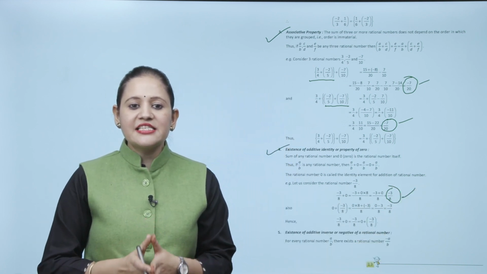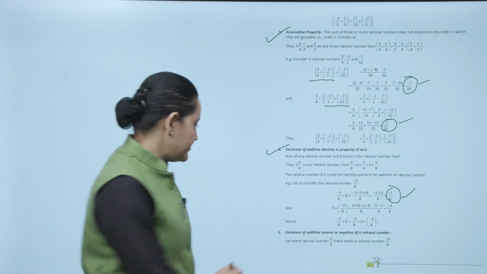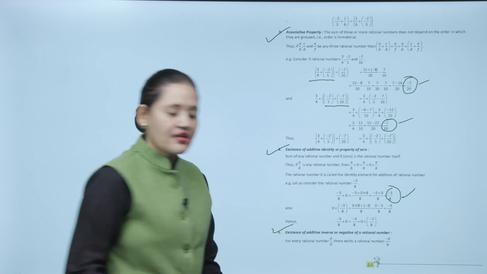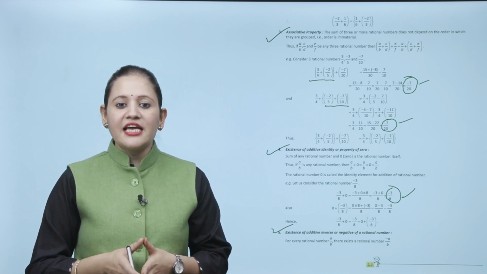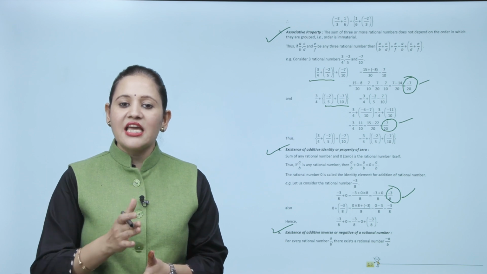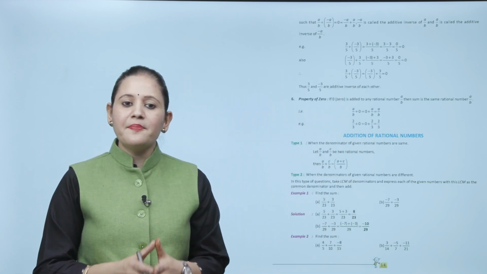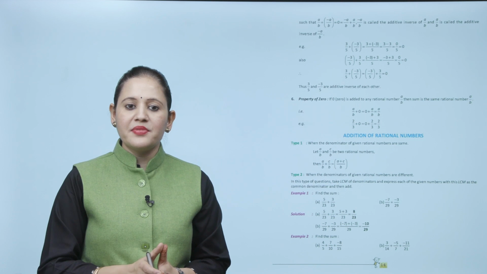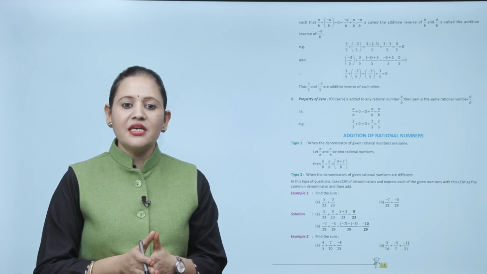Next, existence of additive inverse or negative of the rational number. For every rational number a upon b, there exists a rational number minus a upon b, such that a upon b plus minus a upon b equals 0.